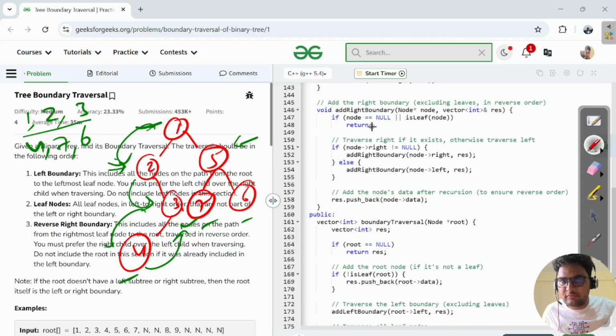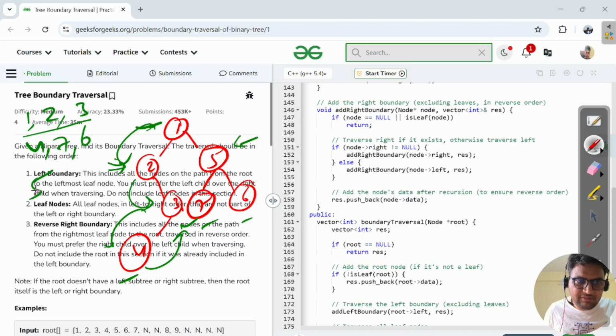So what we will do, we will go right, we are coming here. So this node is not a leaf node, correct? Neither null nor a leaf. So we will not return from here. Then here we will check node arrow right. Yes, node arrow right is not null. This one, correct? So what it will do, it will call this one here, but this is a leaf node, so it will come back and then it will print this node, this 5.